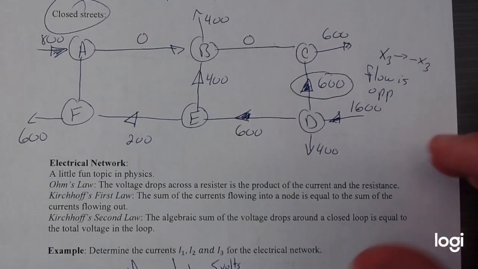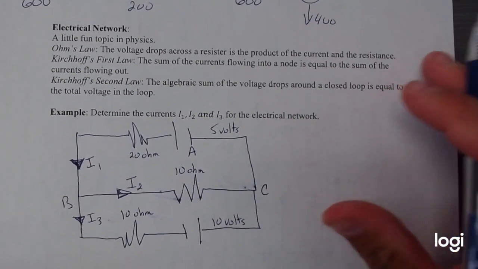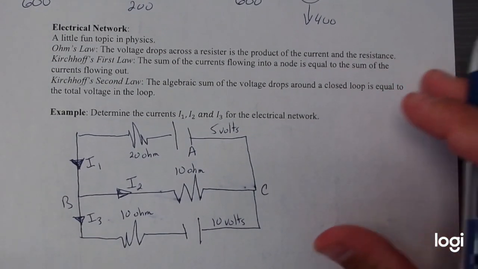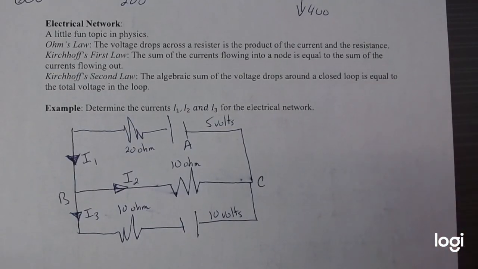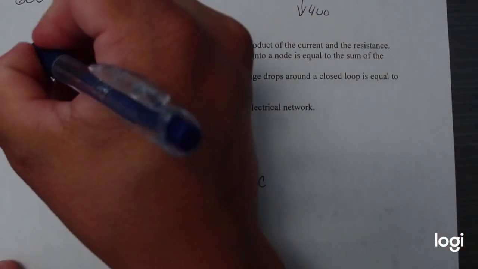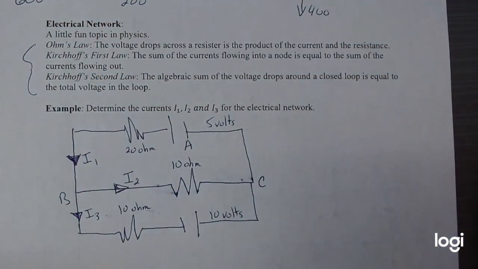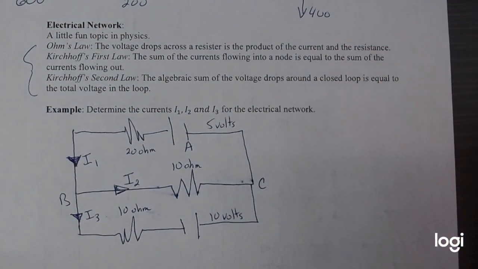Okay. Now the other type of one is network. And this one you got a little bit more physics applied to it. Okay, so electrical network. So before we get into it, we need to know a couple things from physics. Okay, so first thing is Ohm's law. So Ohm's law says the voltage drops across a resistor is the product of the current and the resistance.